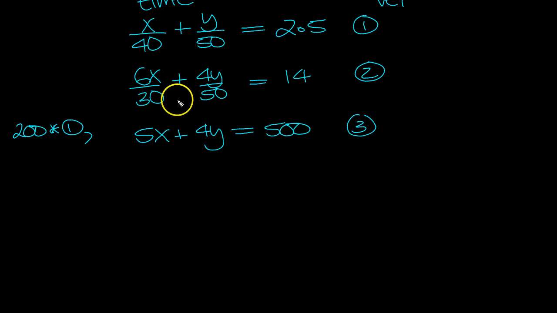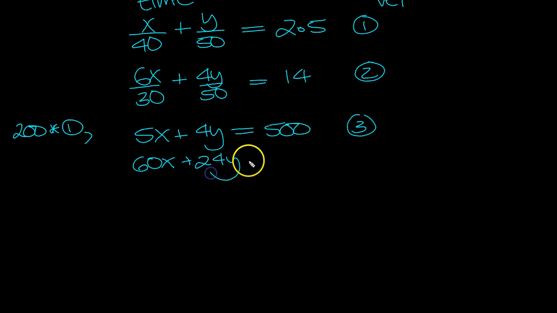So there's equation 3. Now the 30 and the 50 both go into 150. But those numbers are awkward, so I'm going to scale it up by 300, I think. So that'd be 10 of these, that'd be 60x, because 300 over 30 is 10. 300 over 50 is 6, 6 fours are 24.